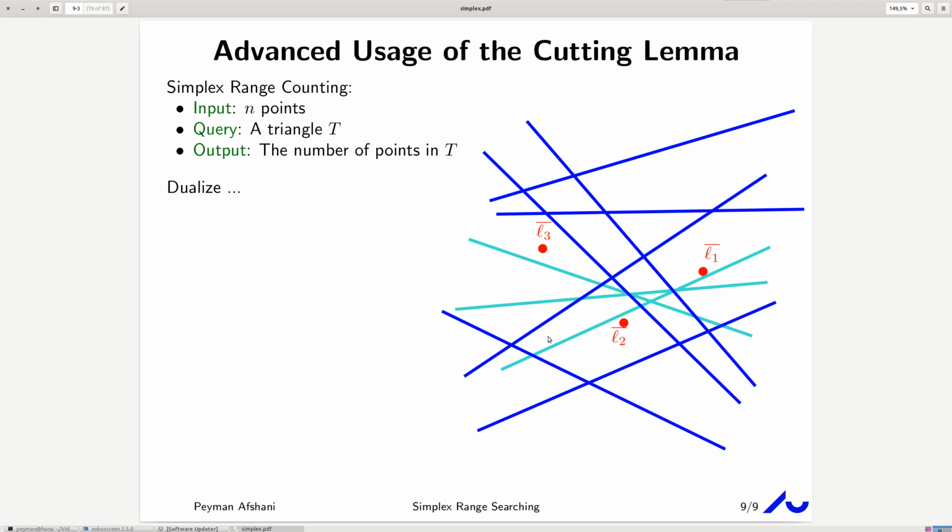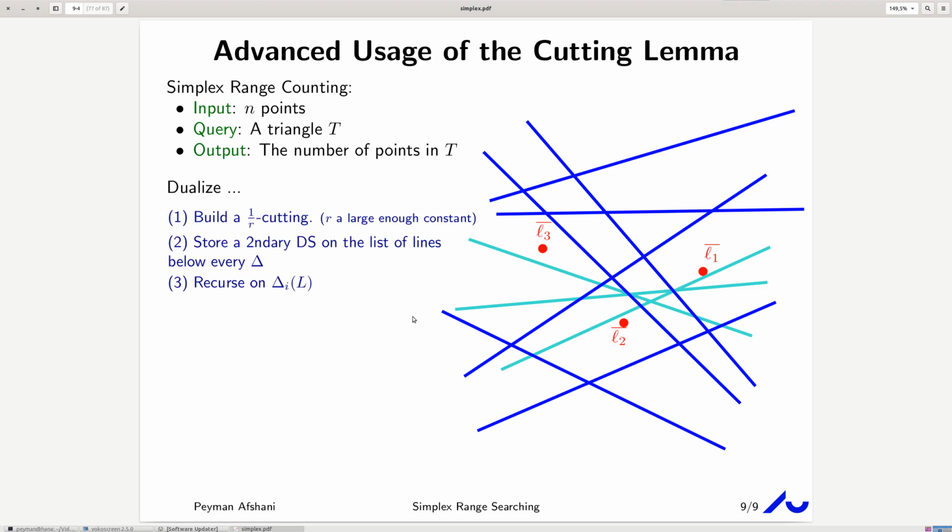This seems like a very complicated problem to solve, but it turns out that we could use this multi-level idea to solve it. Let's see how we can do this. As usual, we build a 1/r cutting for a large enough constant r. Remember how the cutting works: you get a set of triangles, and some lines pass above, some pass below, and some intersect the triangle.